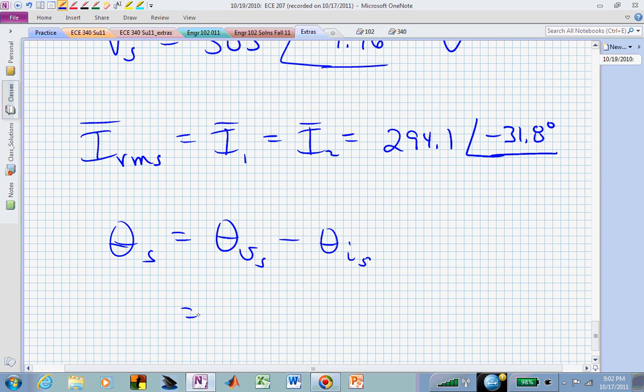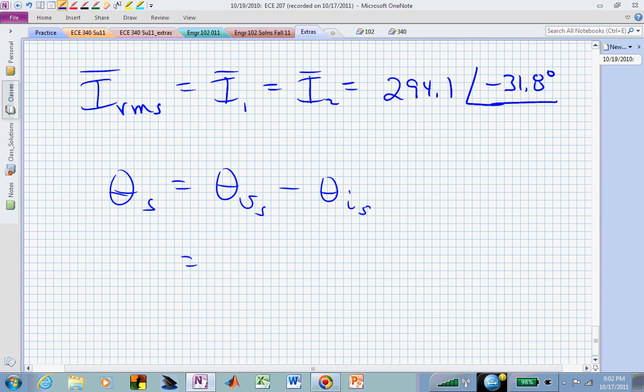Theta V sub S we just found to be minus 1.76 degrees. The angle of the current is minus 31.8 degrees.